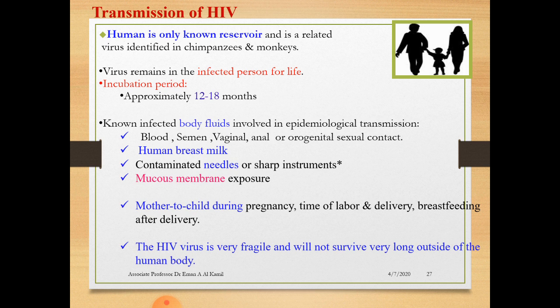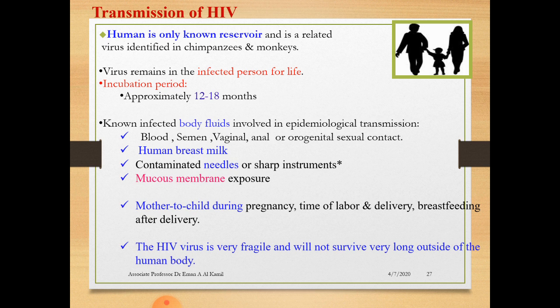It is also transmitted from mother to child during pregnancy, at the time of labor and delivery, and by breastfeeding after delivery. So it is one of the viruses transmitted perinatally, which means before birth, during birth, and after birth, or by breastfeeding.